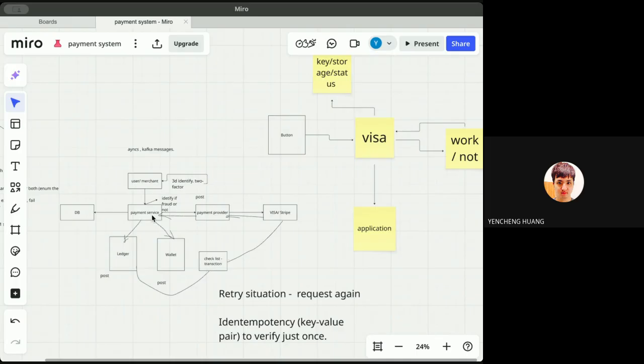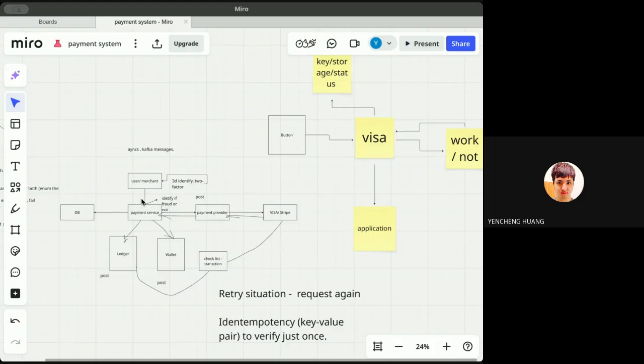And after that, we update our ledgers and our wallets. The status is true. It means our transaction is finished in our database.